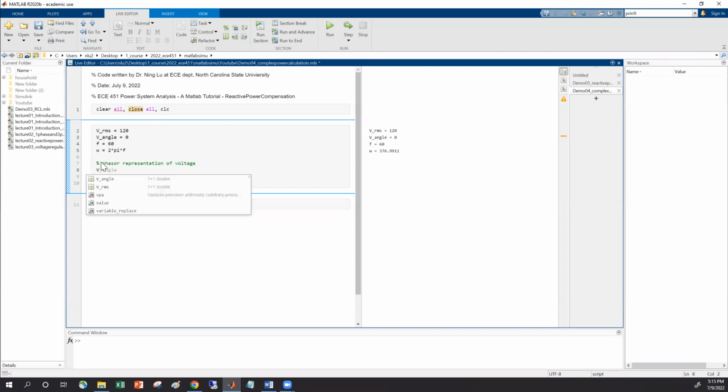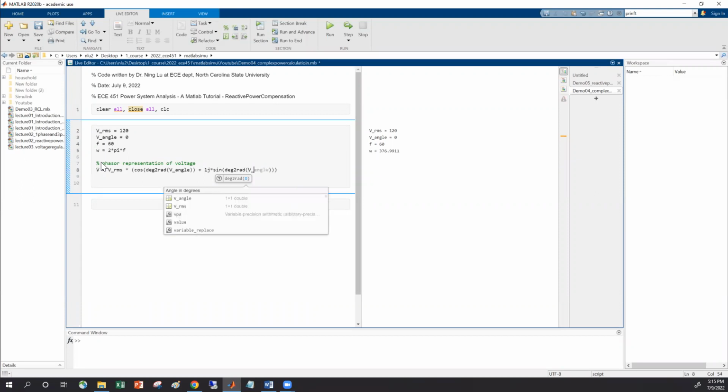So by doing that, we will use V equals V RMS times cosine of degree to radians, V angle, and plus 1j times sine of degree to radian, V angle.